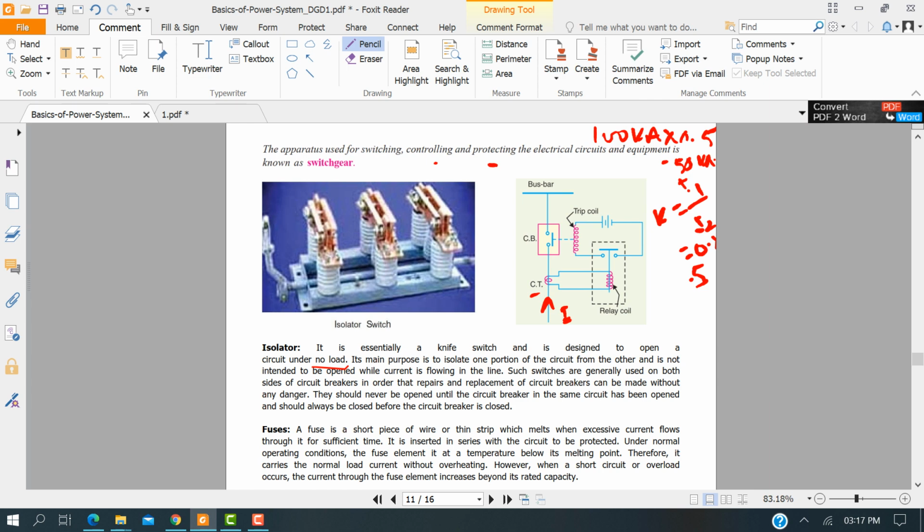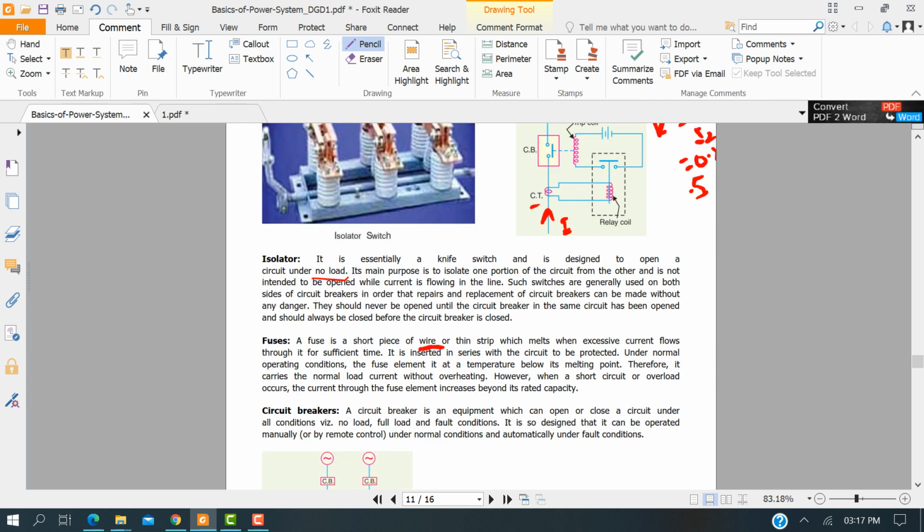There is a basic difference between a fuse and a circuit breaker. A circuit breaker is for high rating devices, whereas a fuse is nothing but a wire, just a resistance. Whenever electricity flows and the rating is crossed, it just melts out, and then the load inside the device is safe. So a fuse can identify the fault and isolate the load from the line.